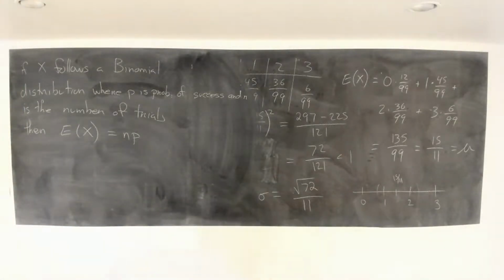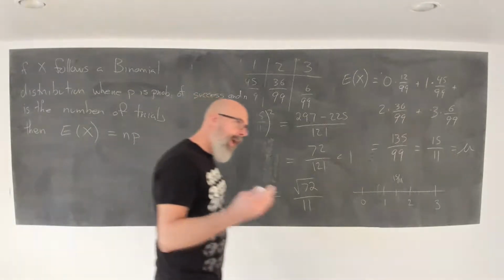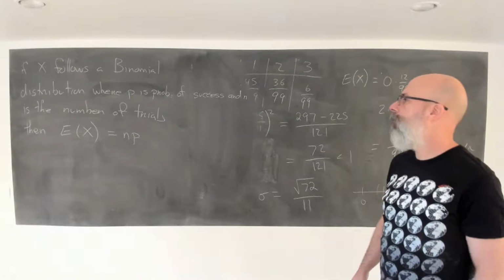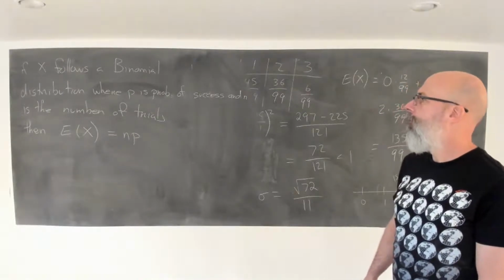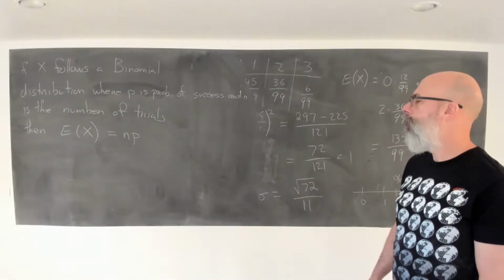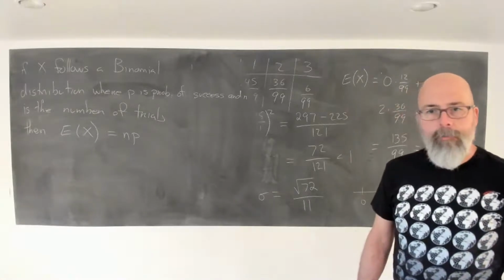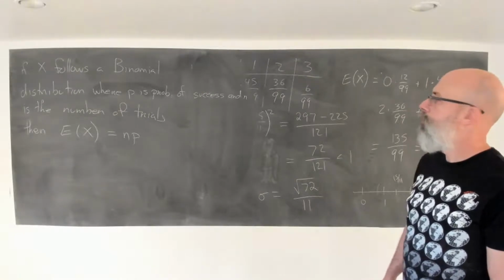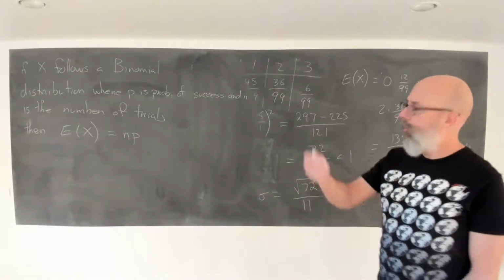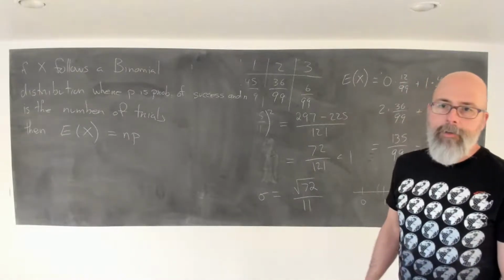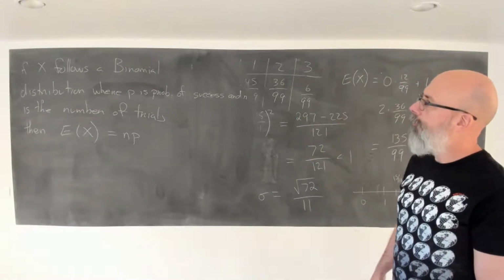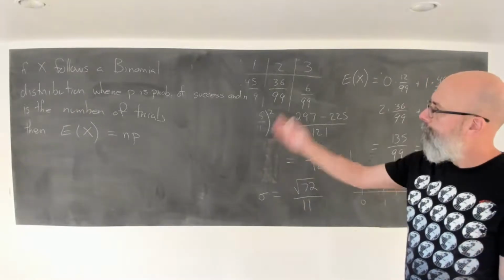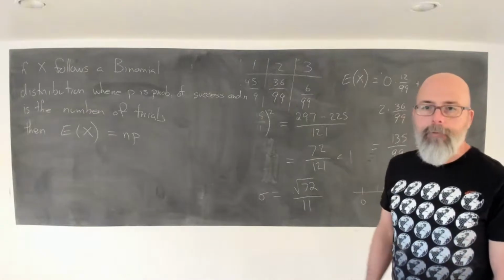You can prove that. We don't have the tools to prove that, but this can be proven. So in that last question, you'll convince yourselves that we have a random variable that follows a binomial distribution, with expected value NP.